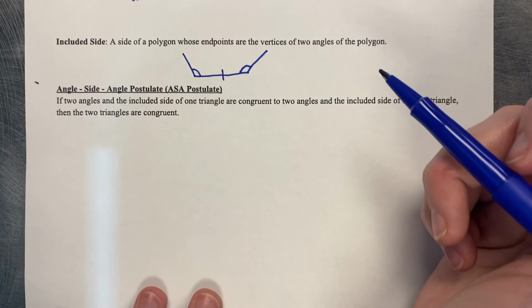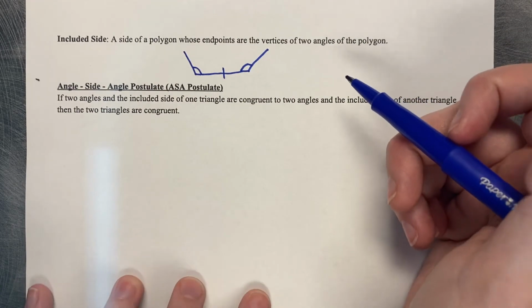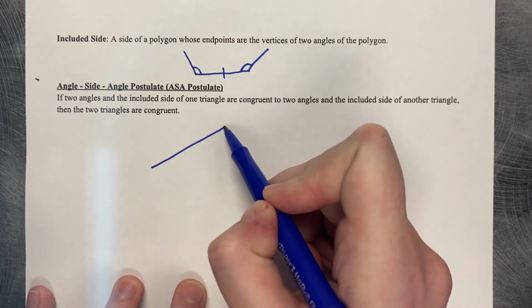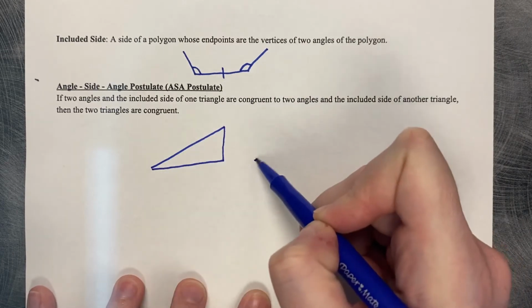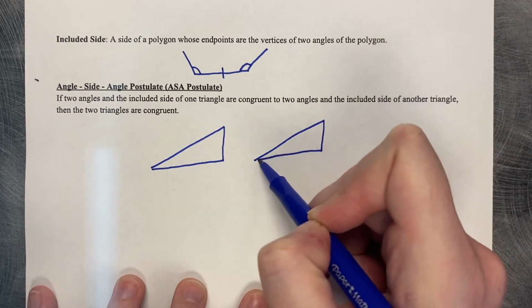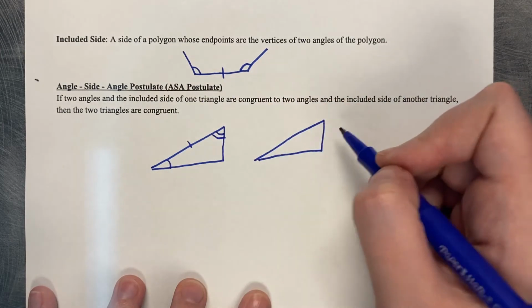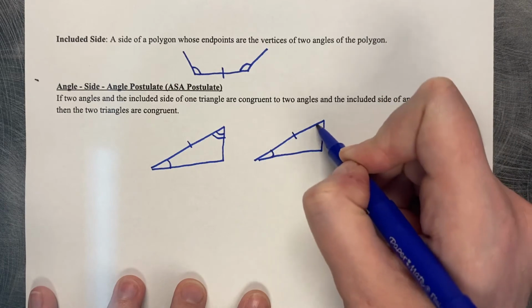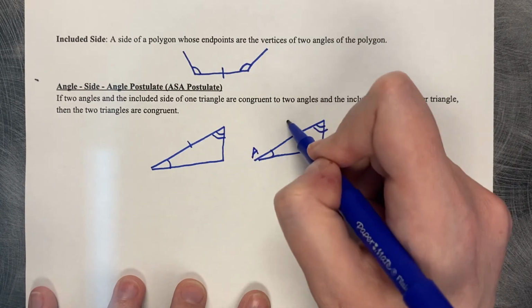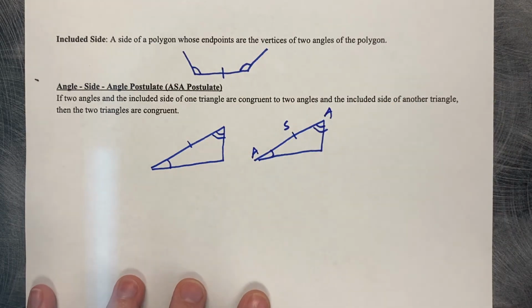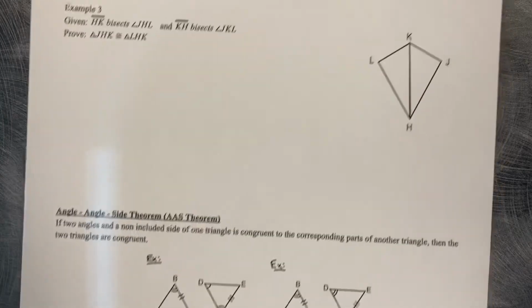So you're looking for a side that's between two angles. So what does it look like on the triangle patterns? So you have your angle and your side and your angle, angle, side, angle.